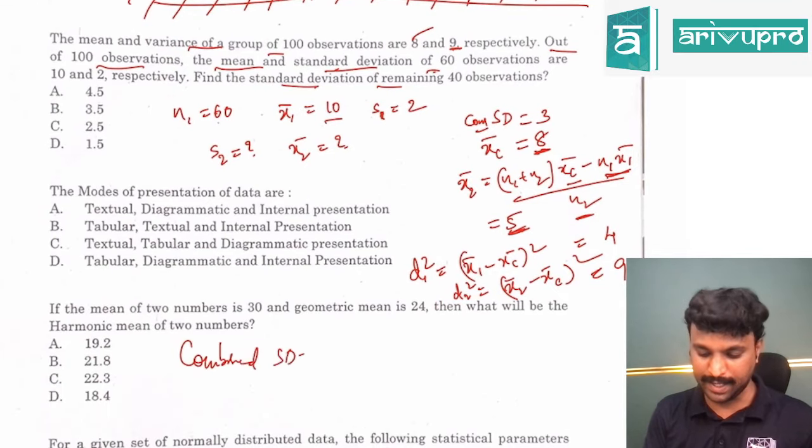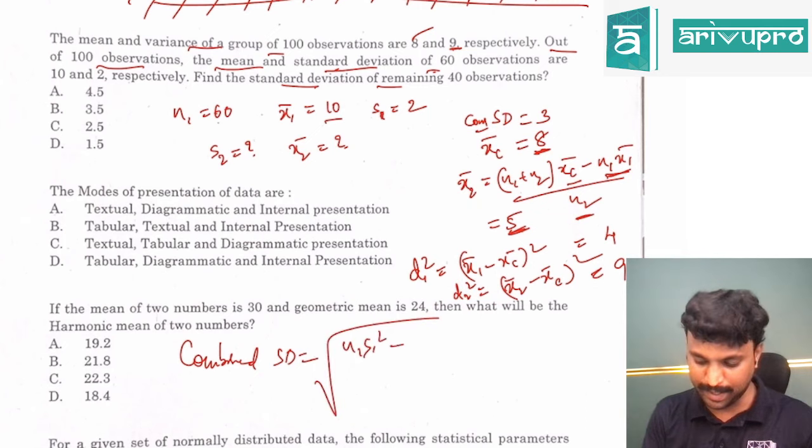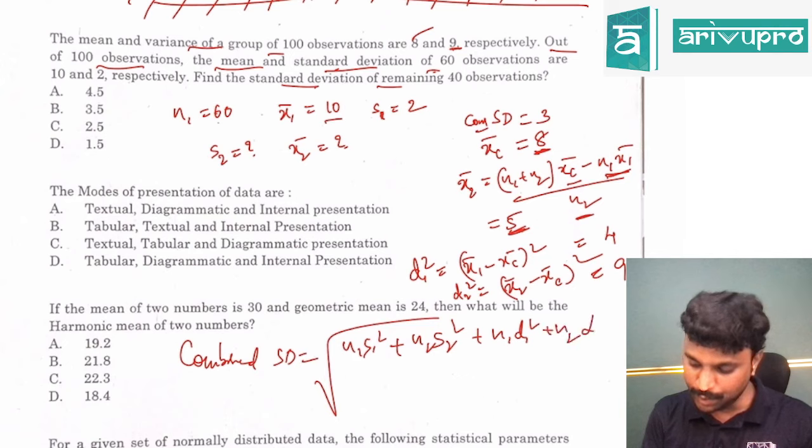So what is the combined SD formula? Combined SD is equal to the root of (n1 s1 square plus n2 s2 square plus n1 d1 square plus n2 d2 square) upon n1 plus n2. Square on both sides.